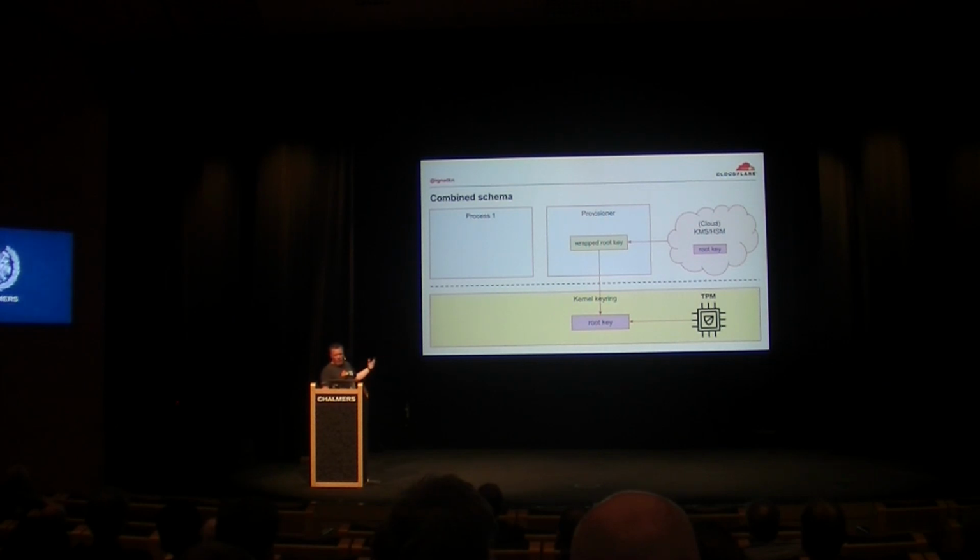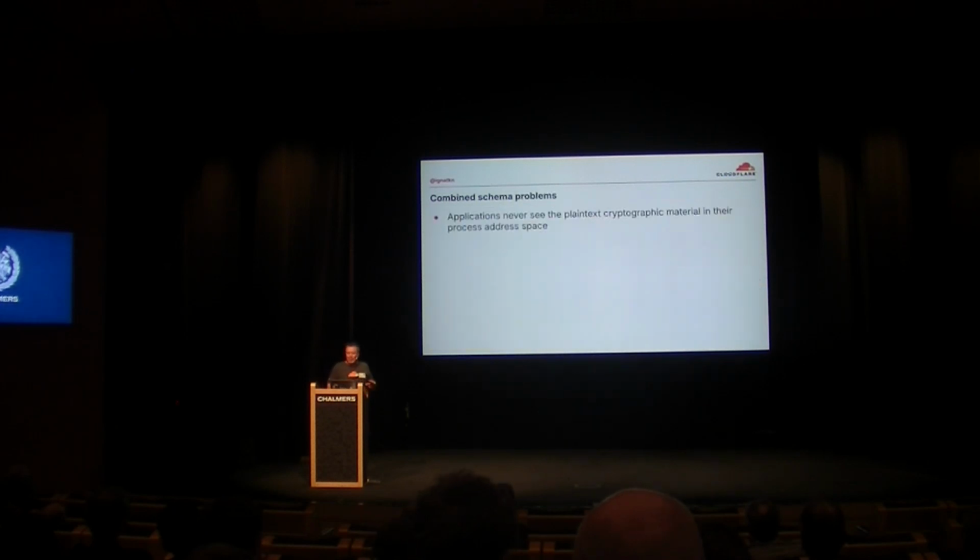Then all the other application keys are sent wrapped with this root key, and unwrapped with the encrypted keys mechanism. So you only use the TPM once per boot, and you use software decryption for everything else. So it's better. Cool, right? But there are some problems with this approach as well at scale.